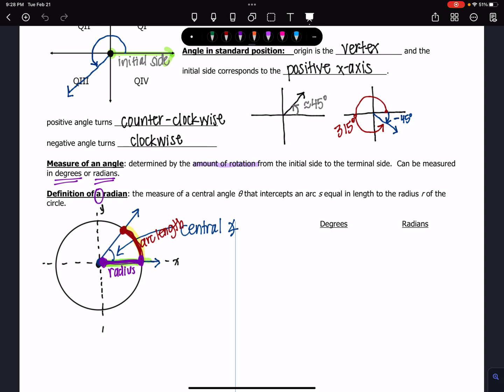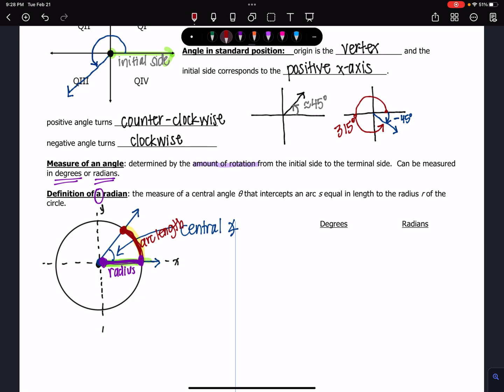So if I have another angle that's equal to this angle, and I end up over here maybe, I'm going to end up with a second radian, and then maybe a third radian. How many radians all the way around the circle? Well, the answer to that is a little bit more than 6.